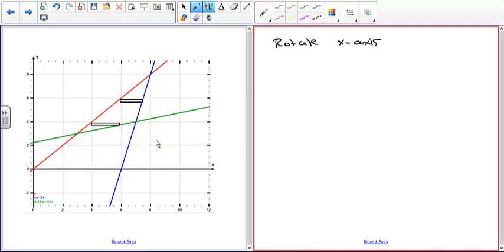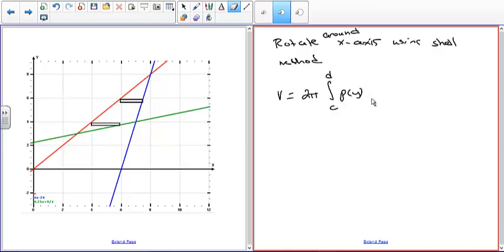So in that case, if I rotate around the x-axis using shells, the equation is 2 pi times the integral from c to d of p of y times h of y times dy.